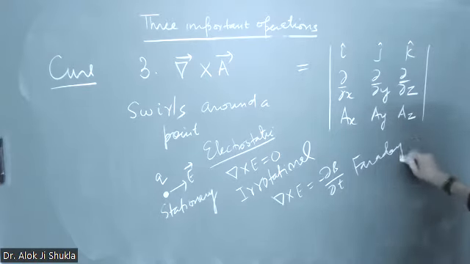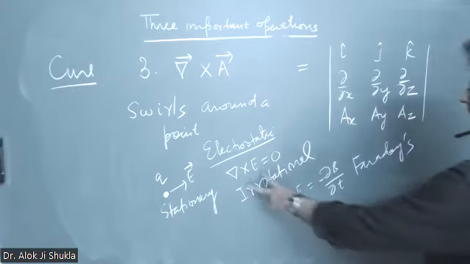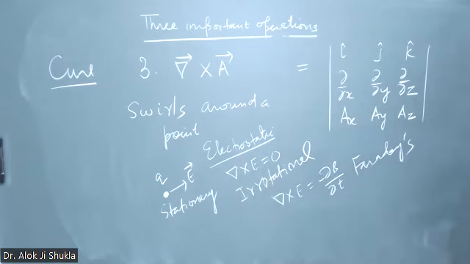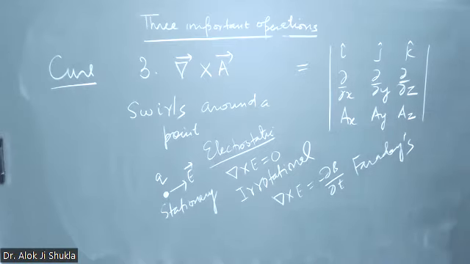So everything will be connected. You can see this. In this case, the electric field is irrotational, but in this case, it is not irrotational. So when magnetic field becomes a function of time, then curl of E is not 0.